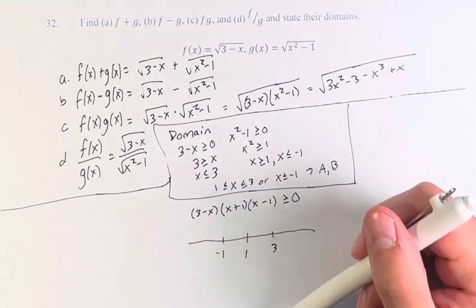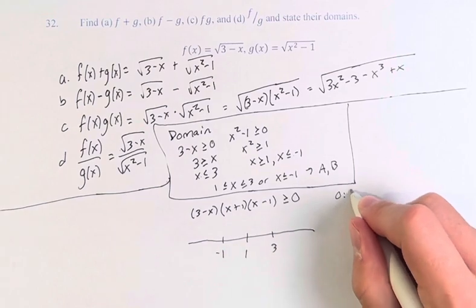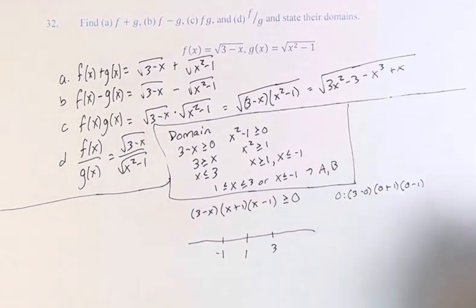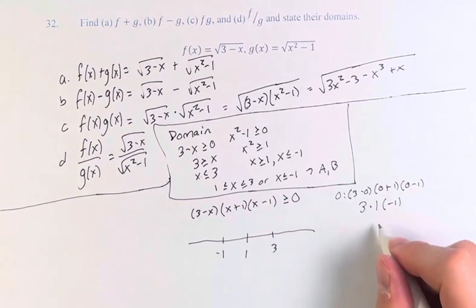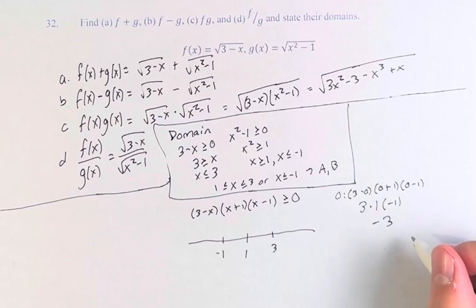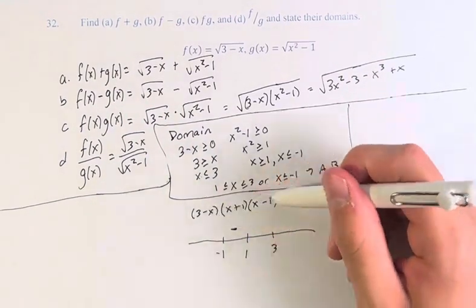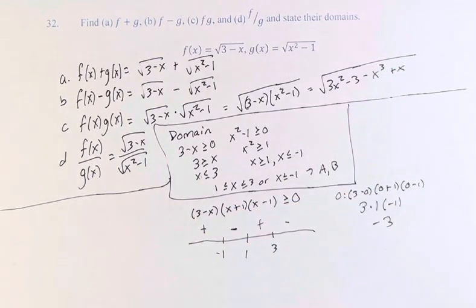So let's just try 0. That would be 3 minus 0 times 0 plus 1 times 0 minus 1. That's 3 times 1 times minus 1, which is negative 3. So all of the values in this range are negative. And since we don't have any repeating roots, we alternate between positive and negative.